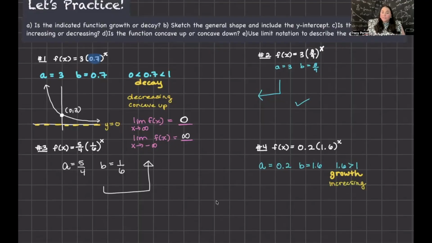And in all of these examples, our graphs are going to remain concave up. So if we go to do a sketch, we'll just put some point here. That's going to represent our initial value, where A is 0.2. So we'll just call this (0, 0.2). And it's going to be growing, so it's going to look something like this.